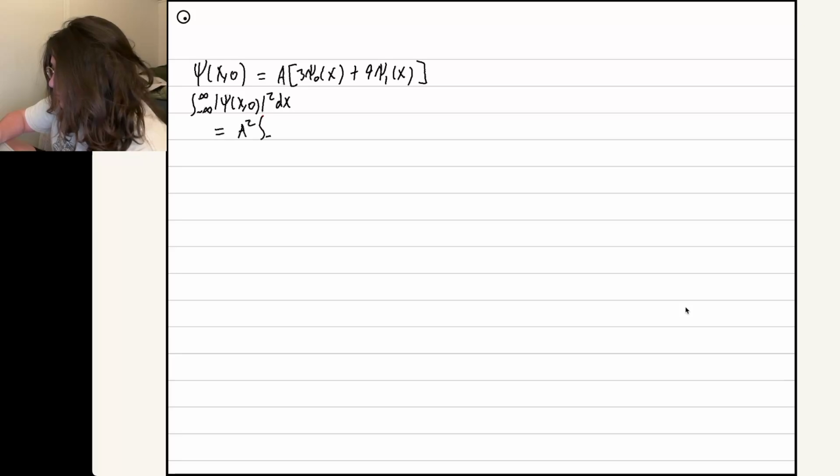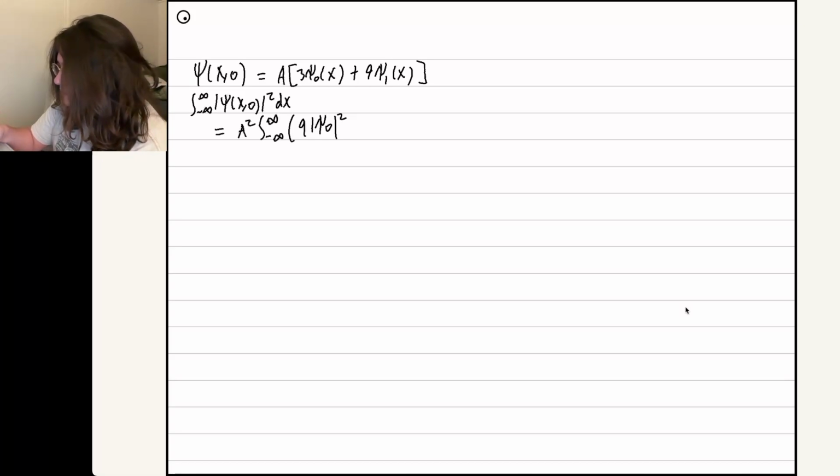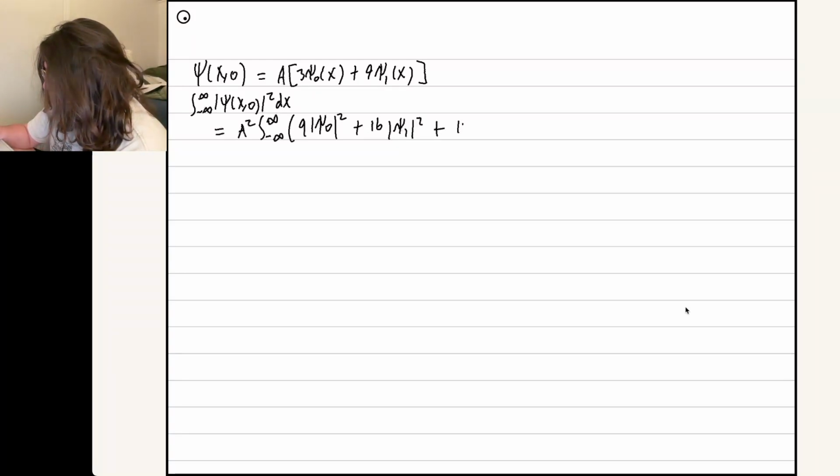But then in the integral, we're going to have a term proportional to 9 times the square modulus of psi 0 plus 16 square modulus psi 1 plus 12 psi star 0 psi 1 plus 12 psi star 1 psi 0.